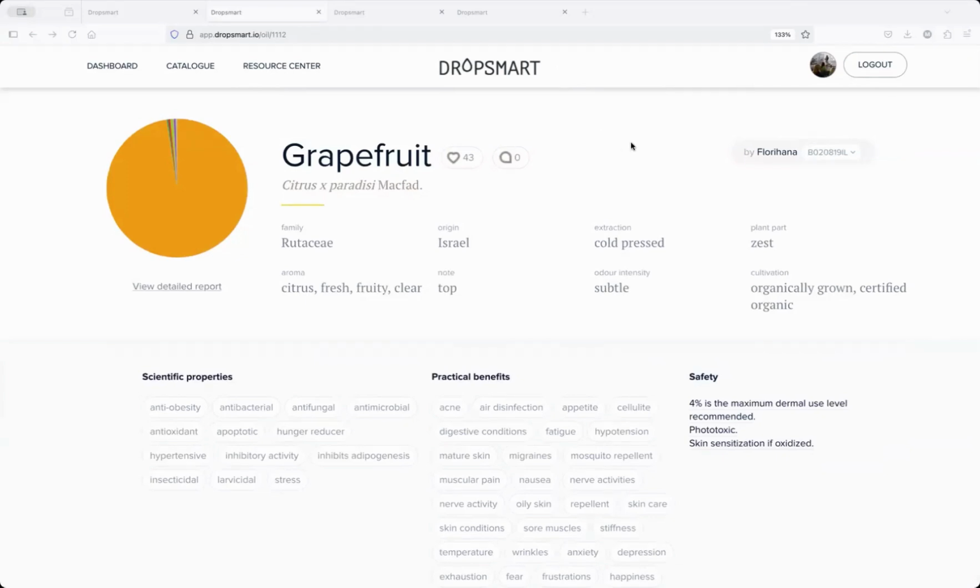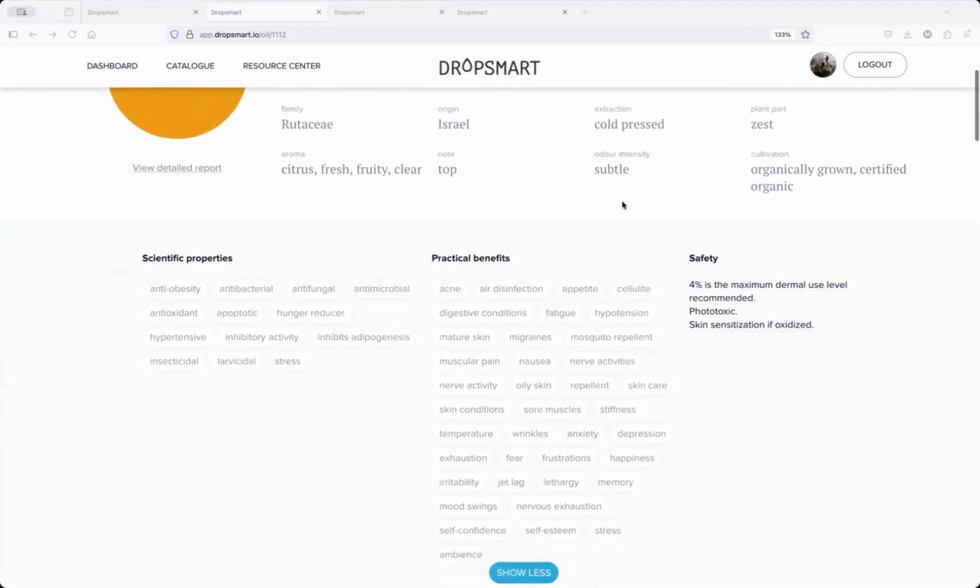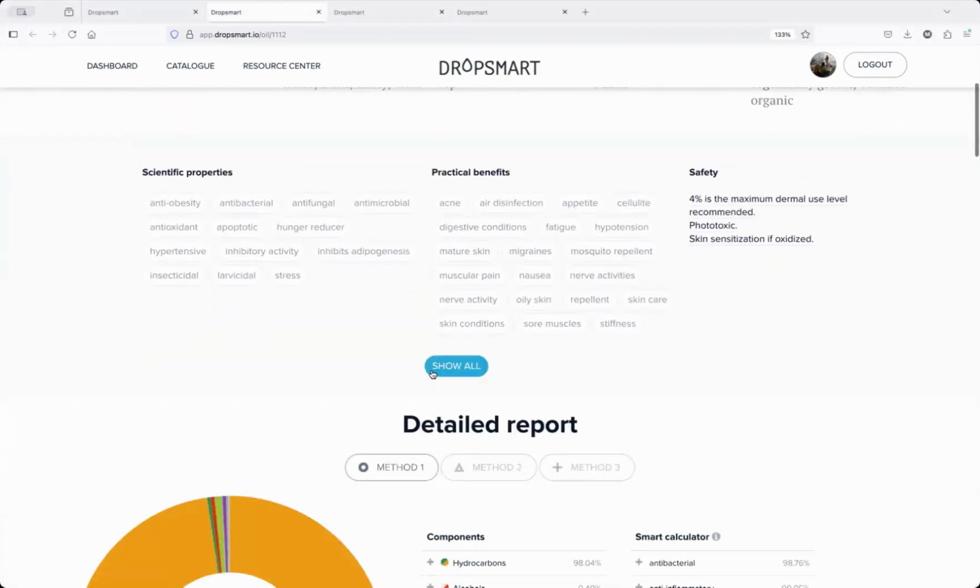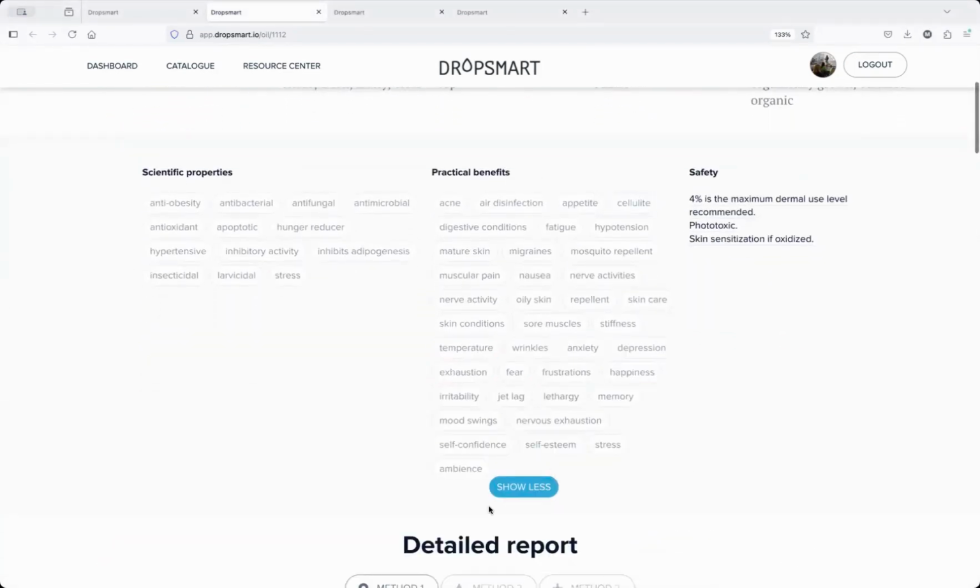The reason I chose grapefruit is because everybody knows about it. Probably you had it in your collection at some point, or at least smelled it, but we don't use it as much as we do other oils. Also, it is not written in books as much as others. If we look at what we found, it's not nearly as much as you'll find on lemon or sweet orange.